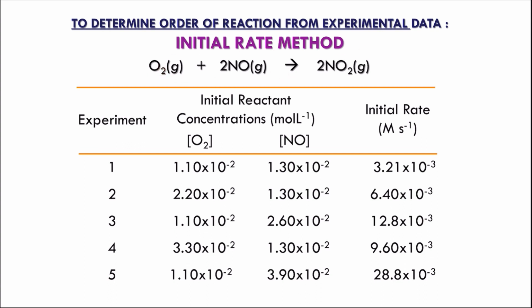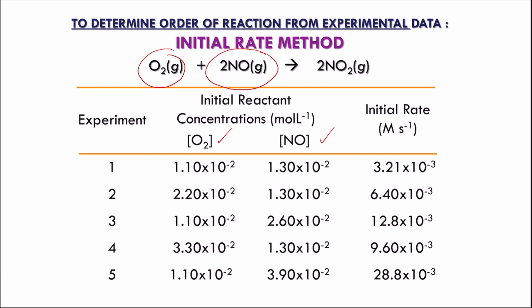So, what you have to determine is the order of reaction untuk O2 dan juga NO. Sebab kita ada dua reactant. So, based on this case, kita ada dua initial reactant concentration based on O2 dan juga NO. Dan ada several experiments here.